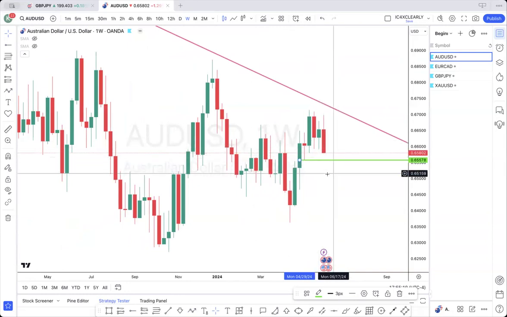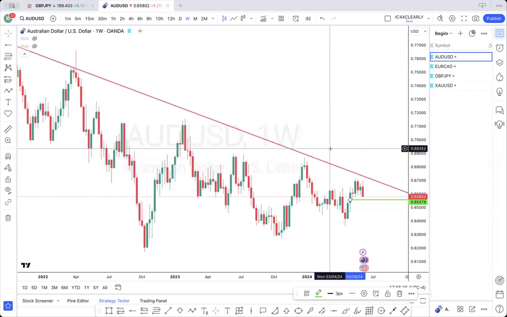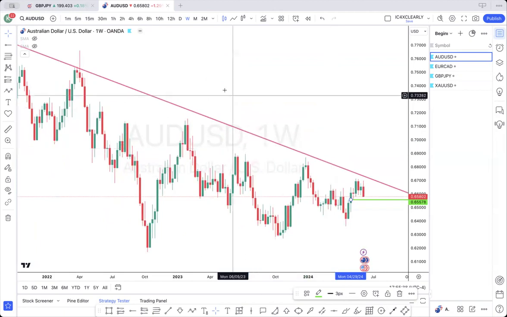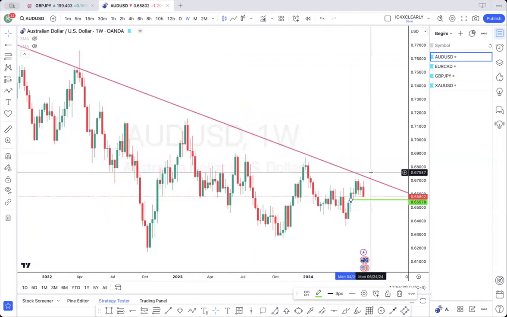So this would be a trade that I would wait on. I wouldn't get in the trade. I personally don't get in the counter trend trade because this is a bearish order block. This is a bearish order block in an overall bearish market.